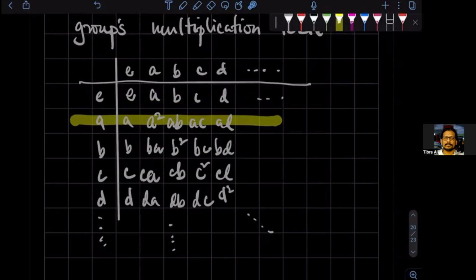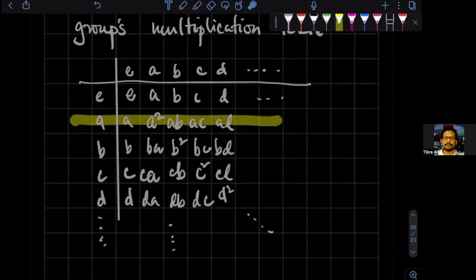Because each row is different, going from one row to another is a unique permutation. And therefore, we can think of this multiplication table as a subset of the multiplication table of some symmetric group.